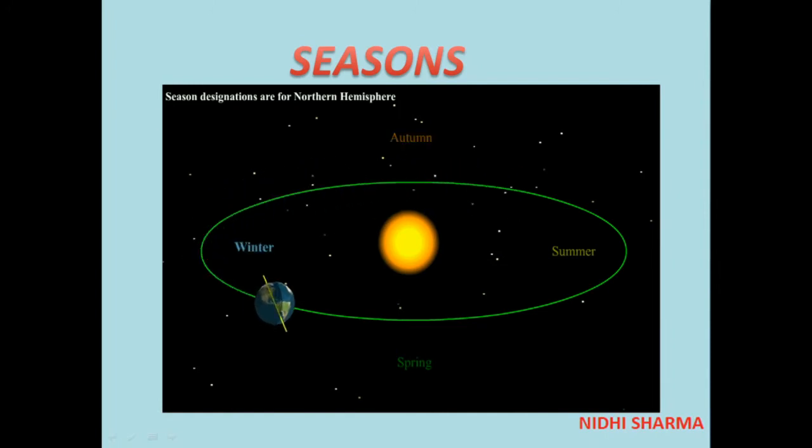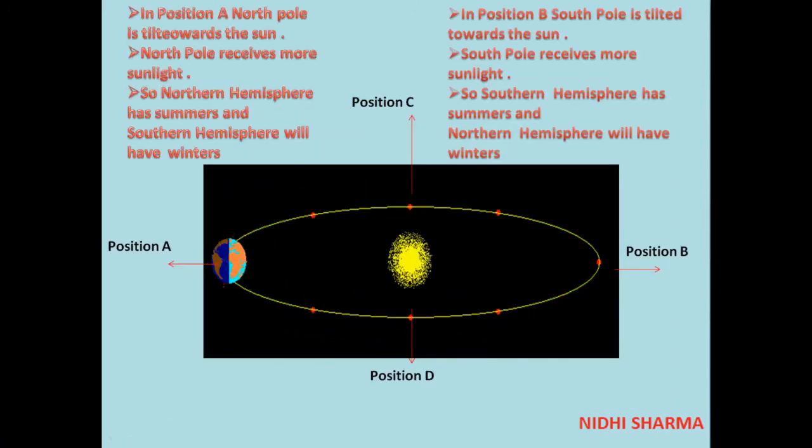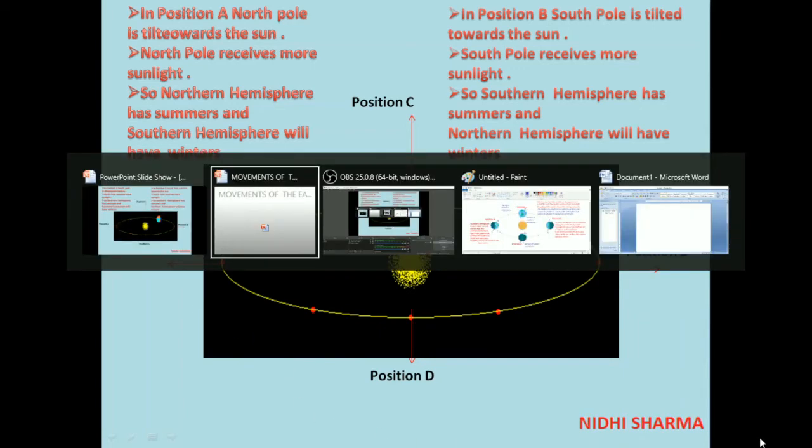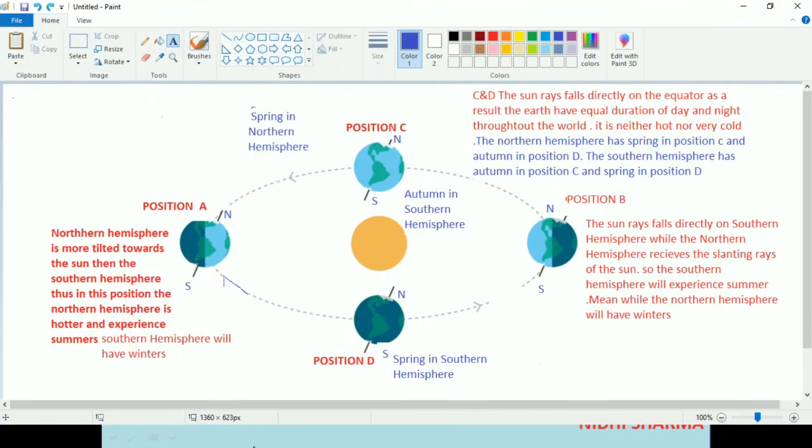Now we can go to this figure and understand this. Now children, see how the earth is moving in its orbit. This is the revolution of the earth and how the revolution of the earth causes change in season. So now let us understand with the help of this diagram. Let us see position A here. In position A, northern hemisphere is more tilted towards the sun than the southern hemisphere.